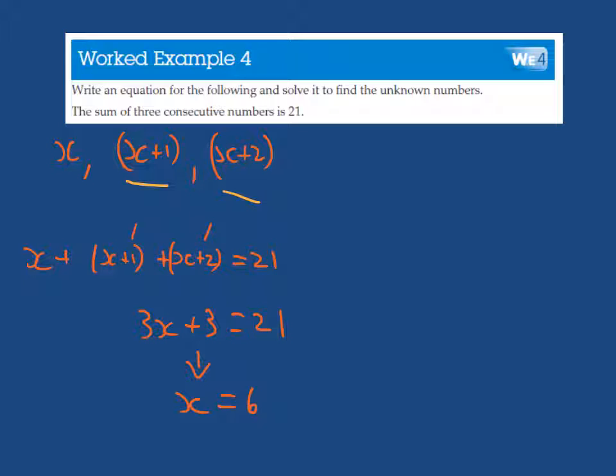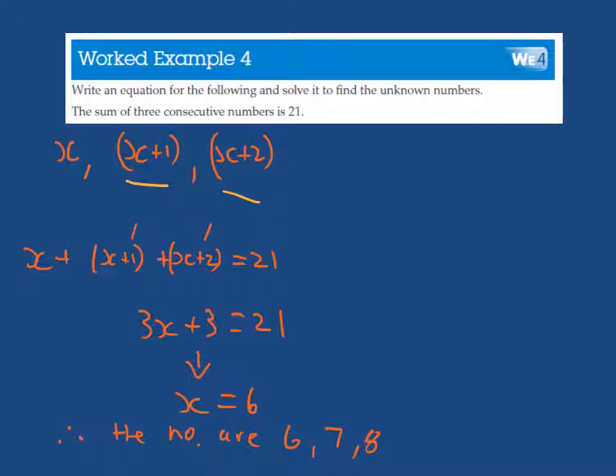So if x equals 6, the consecutive numbers are 6, 7 and 8.